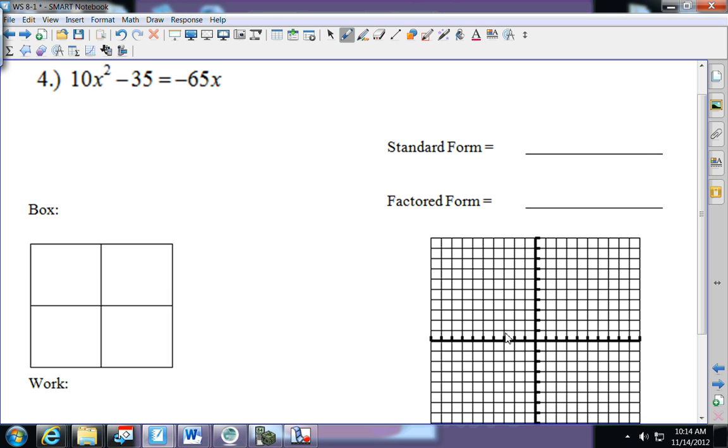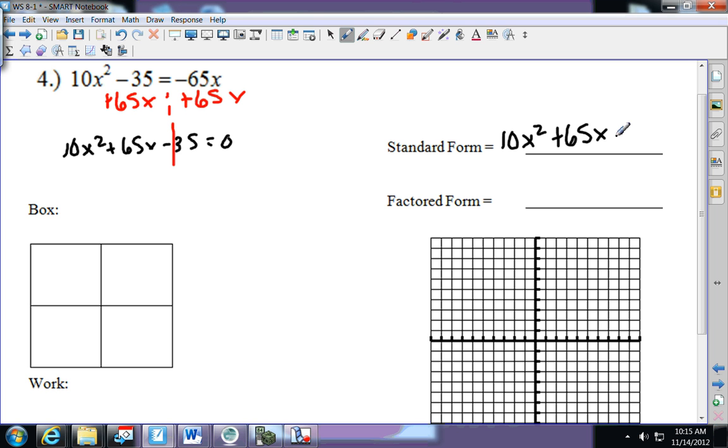Well, first, when you have to move it to standard form, I have to add 65x to each side. I get 10x squared plus 65x minus 35 equals 0. So I'm going to put that over here. 10x squared plus 65x minus 35 equals 0.